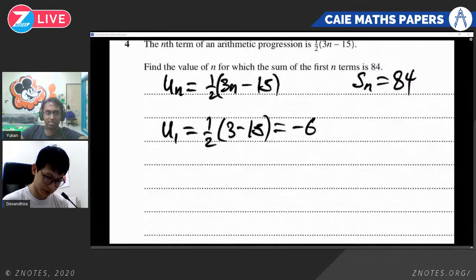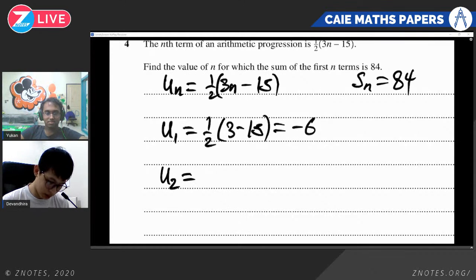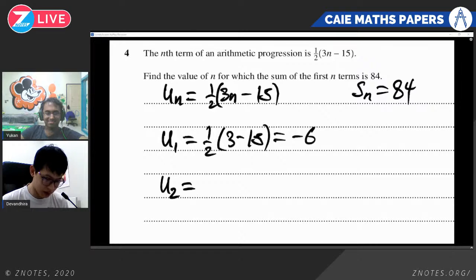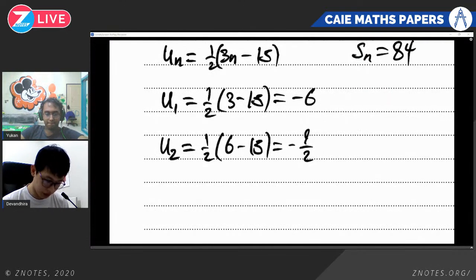So our second term would just be a plus d, and we have already found our a. Exactly. So when we look for d, we can use u2, the second term. With that we'll have half times 6 minus 15, which is negative 9 over 2.